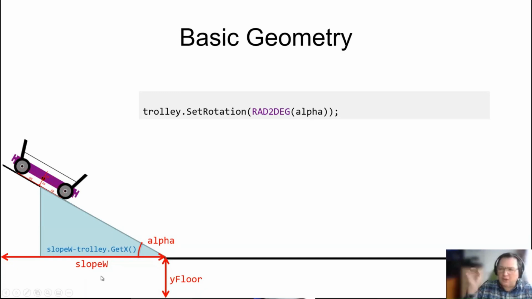So using the C++ notation here, if we take slope W and subtract the trolley get x coordinate, that's this distance here, we get the length of the adjacent edge of our triangle. Okay, so that's slope W minus trolley dot get x, the adjacent edge. Now opposite edge. If we have adjacent and opposite, which trigonometrical function should we use? Sine, cosine, or tangent? Waiting for replies from the chat.